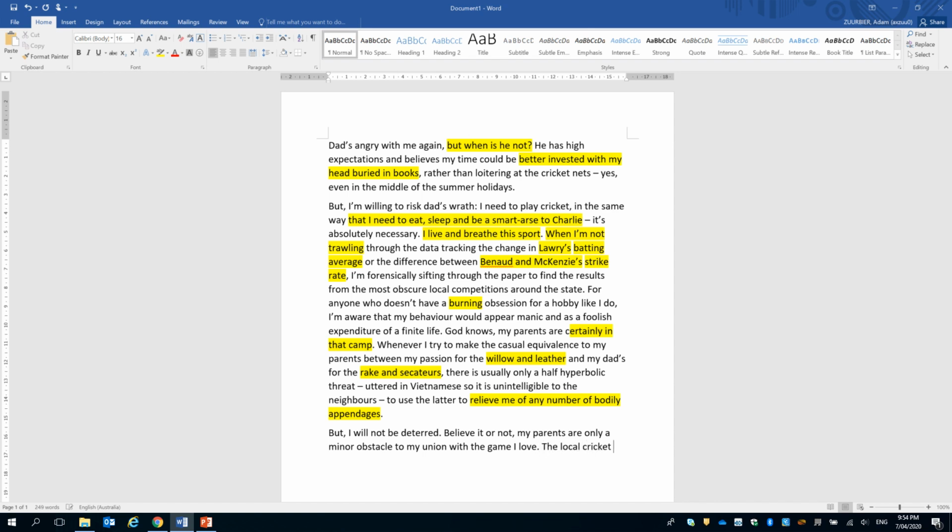The local cricket team take kindly to sharing their nets with the local Kong.